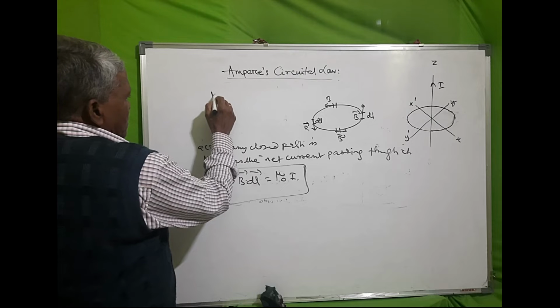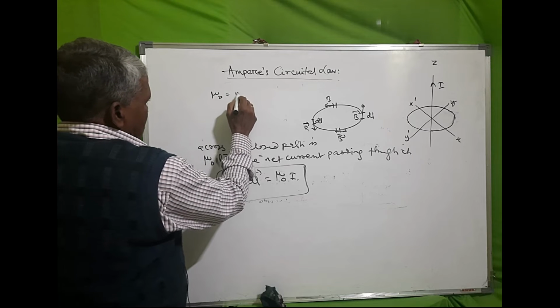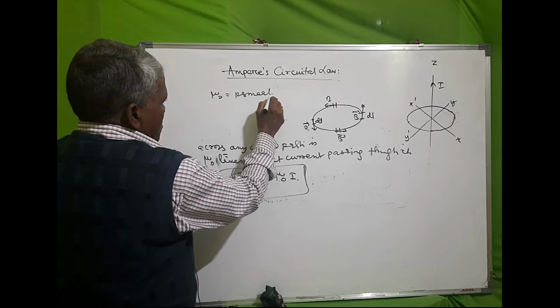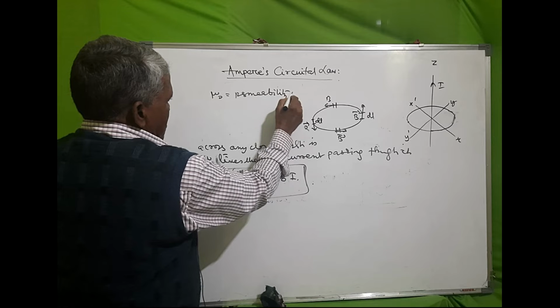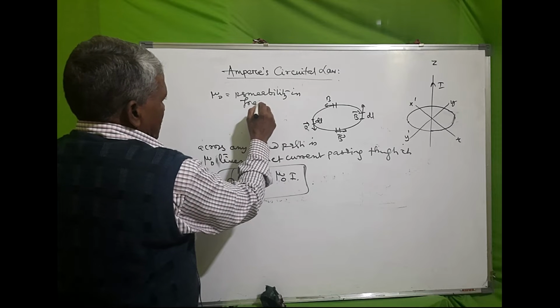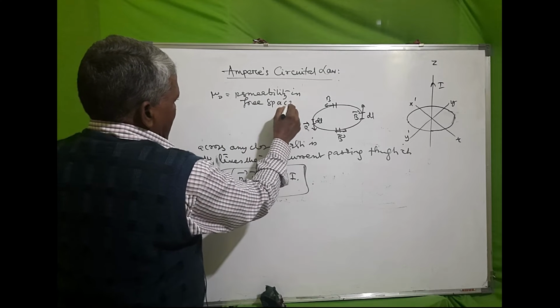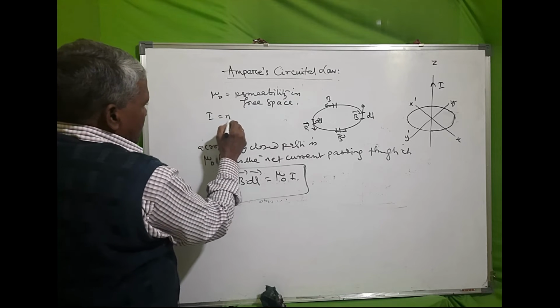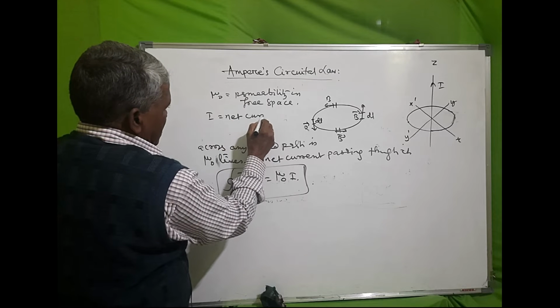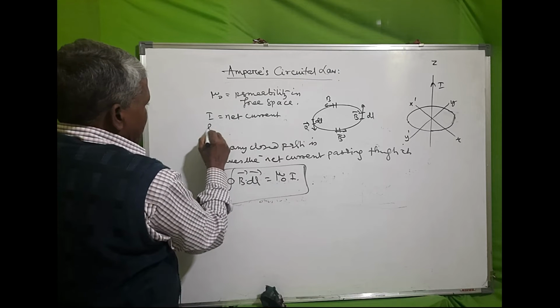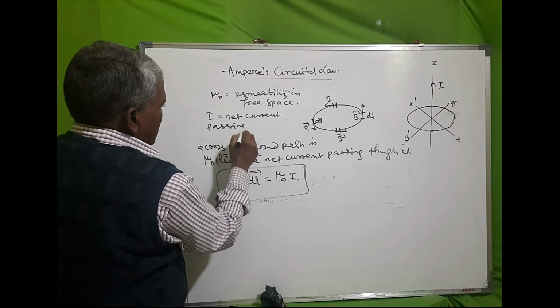where mu 0 is the permeability in free space, and I is the net current passing through the loop.